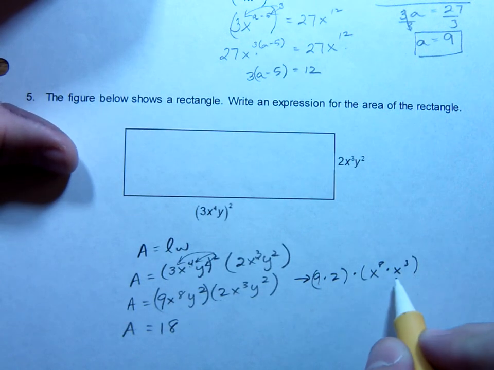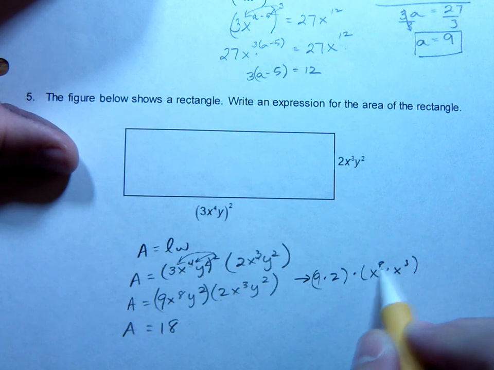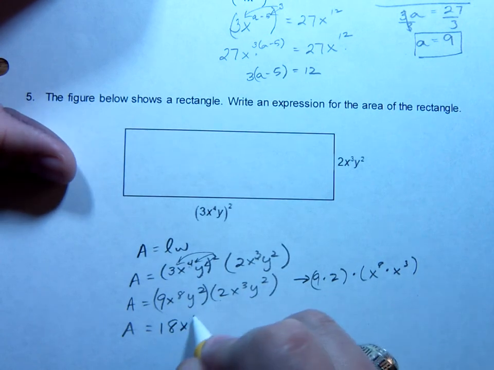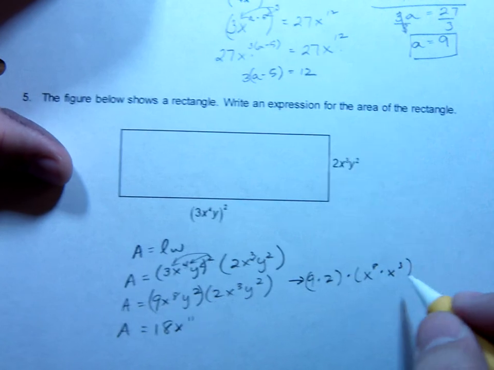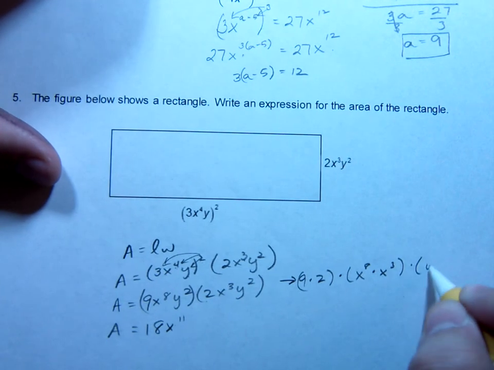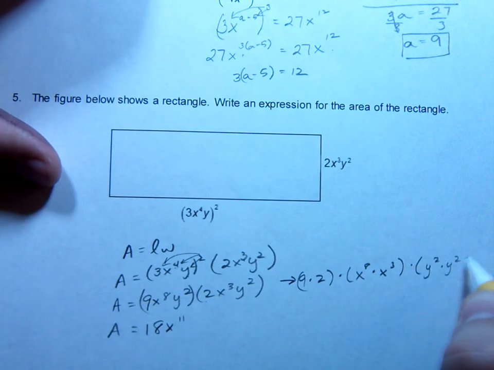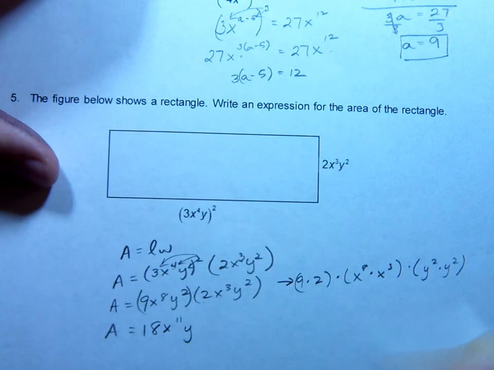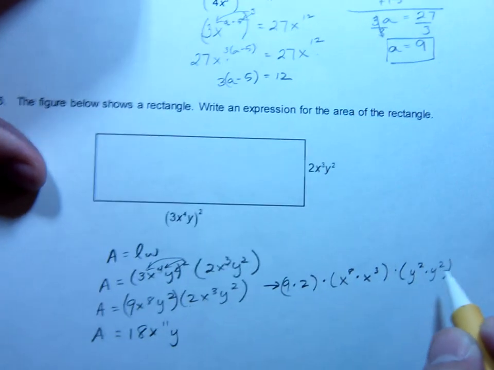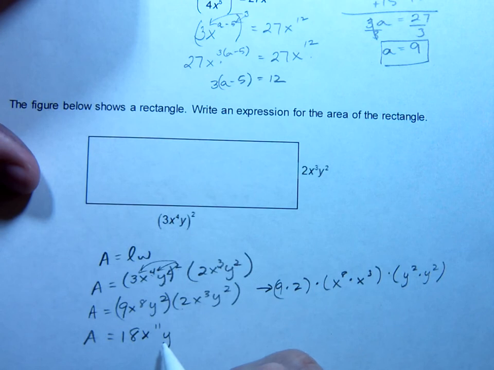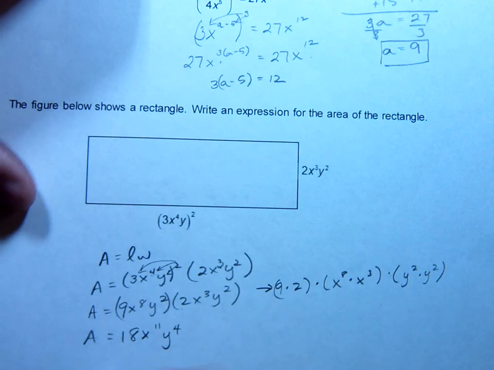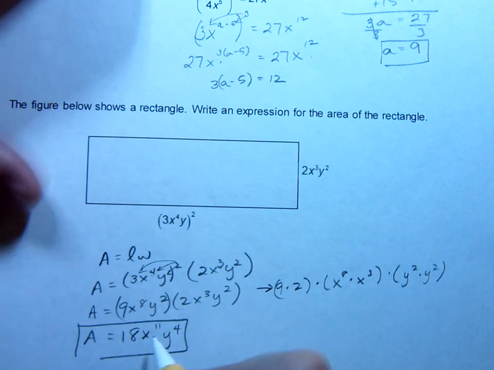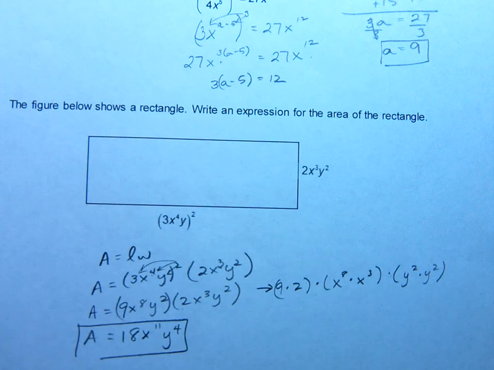Multiplication law of exponents. 8 plus 3 is x to the 11th. And then over here I have times y squared times y squared. Again, I'm adding my exponents. So 2 plus 2 because I'm multiplying. And then I get y to the 4th power. So the area of this shape is 18 x to the 11th power y to the 4th power.